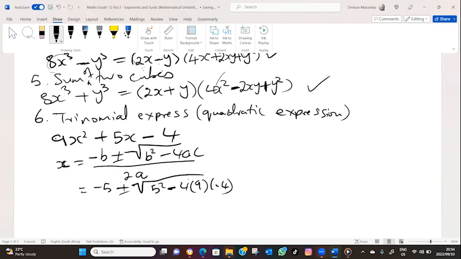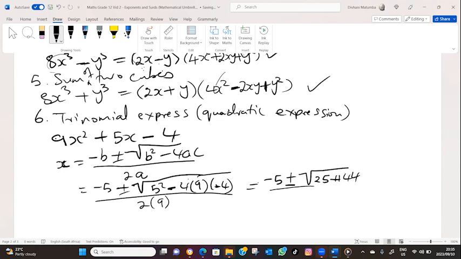So this is the value of A, this is the value of C. Over 2 into 9. Now this is equals to minus 5 plus minus the square root of 25 plus 144 over 18.